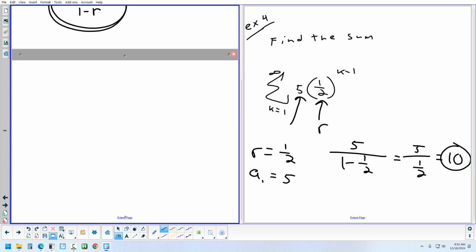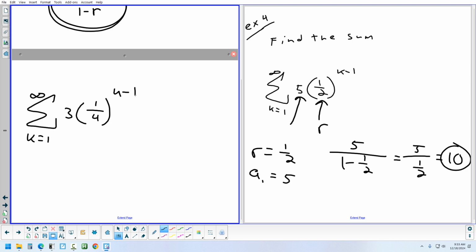Let's look at one more. Let's do k equals 1 to infinity of 3 times, let's say, 1/3. Let's not do 1/3. Let's do 1/4. Okay, that's fine. Is this one going to converge or diverge?